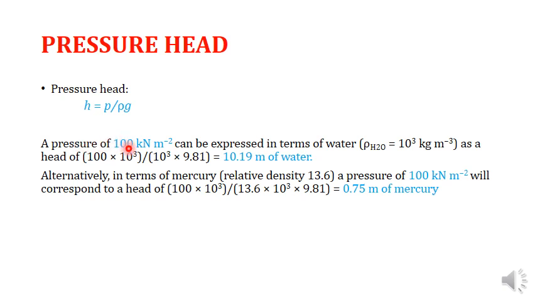A pressure of 100 kilonewton per meter square can be expressed in terms of water, having a density, we know, of 10 to the power 3 kg per meter cube, as a head. If we need to determine the head for the pressure of 100 kilonewton per meter square, we input the values for the particular pressure at which the head is needed.